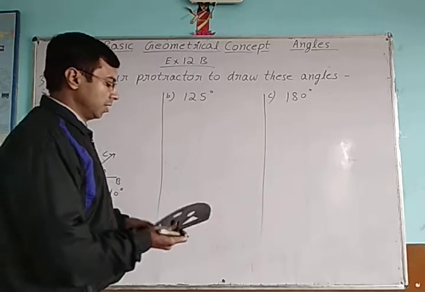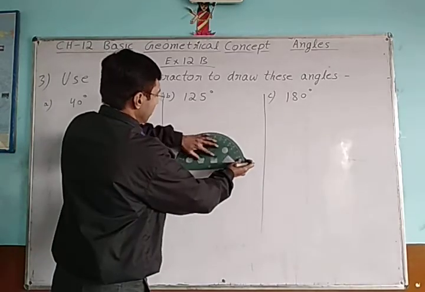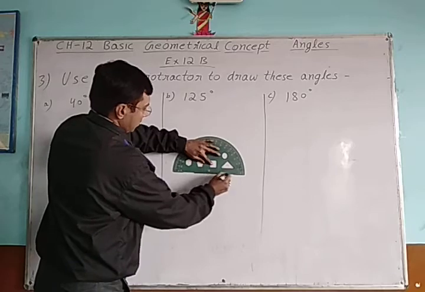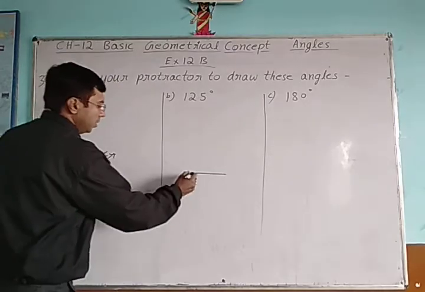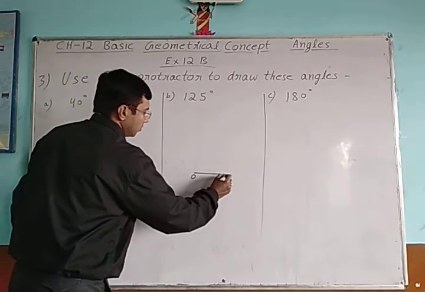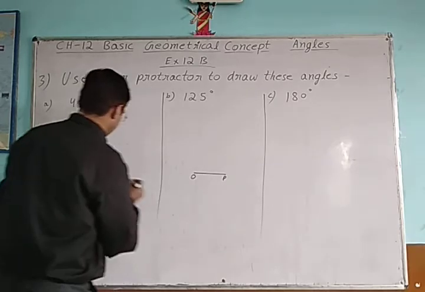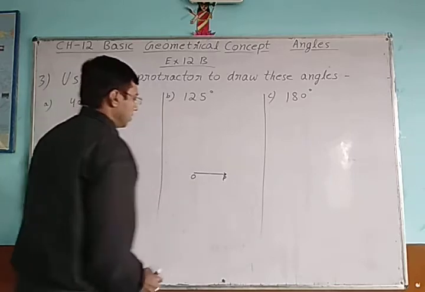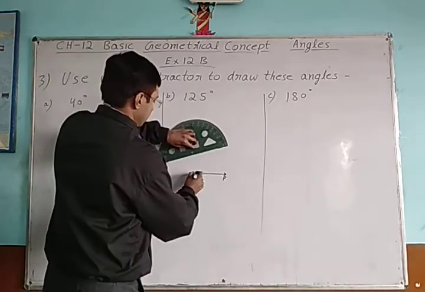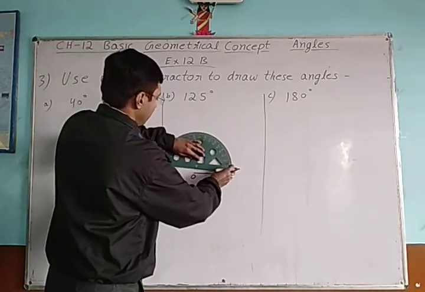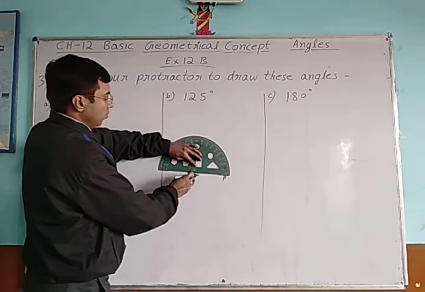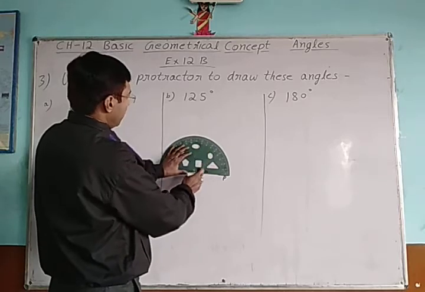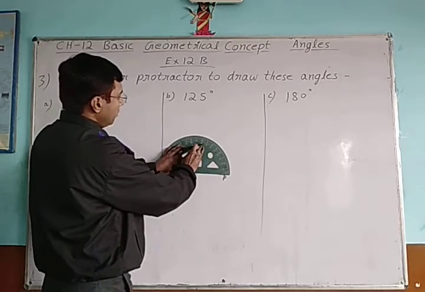Now 125 degree. What do you have to do? First draw one line. Name it OP. Clear? Now keep this middle point at one end, the fixed end. Clear? Now see 125 degree.